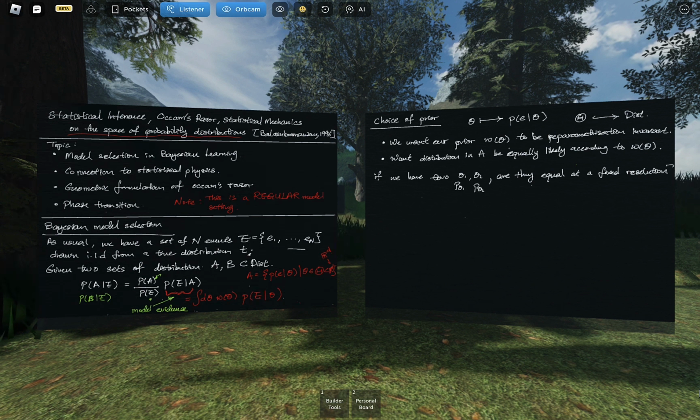So this is the concept of statistical resolution.